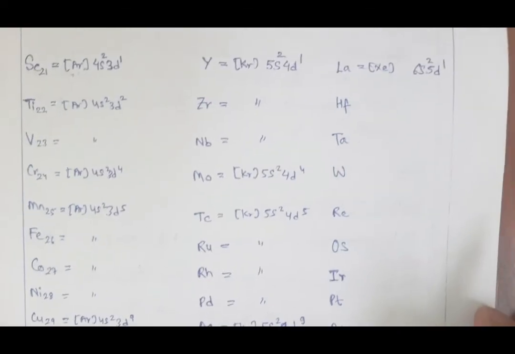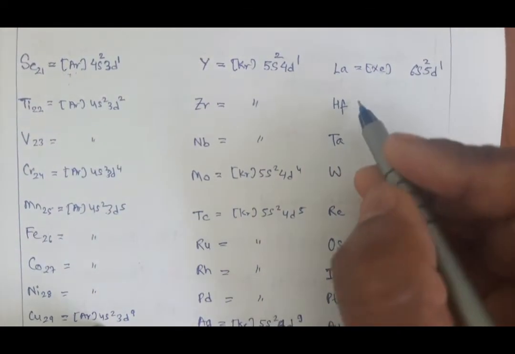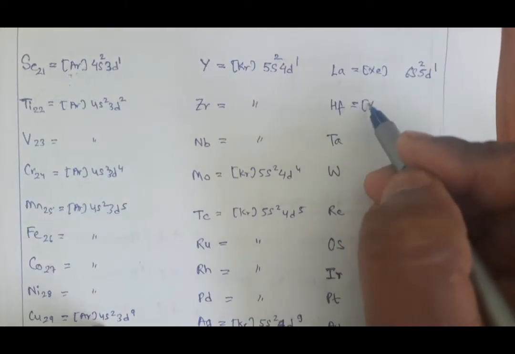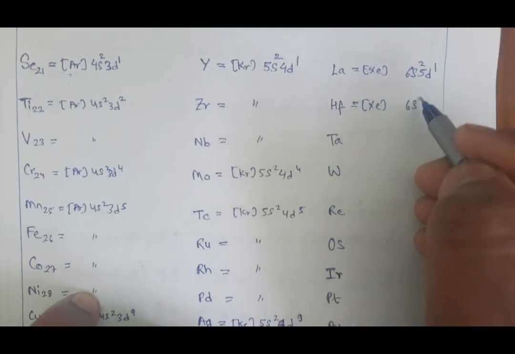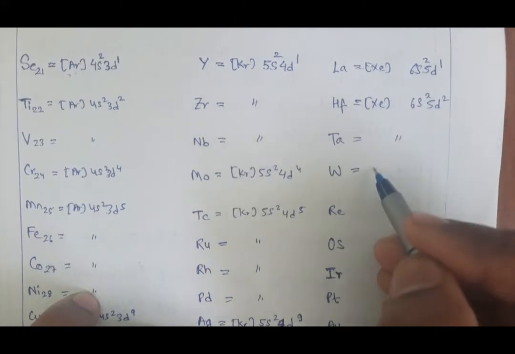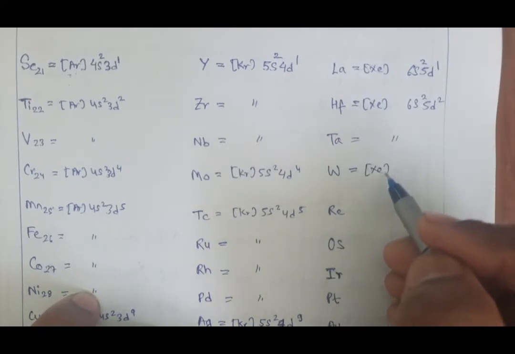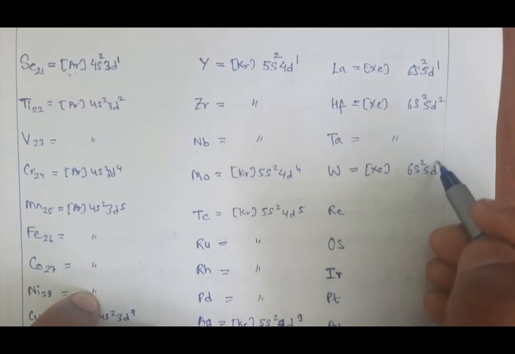Now similarly, we'll make it for this one. So now here it will be the same like this. Here will be xenon, and here will be 6s2 5d2. d1 became d2. If you do out here, it will be d3, then d4. So xenon 6s2 5d4.